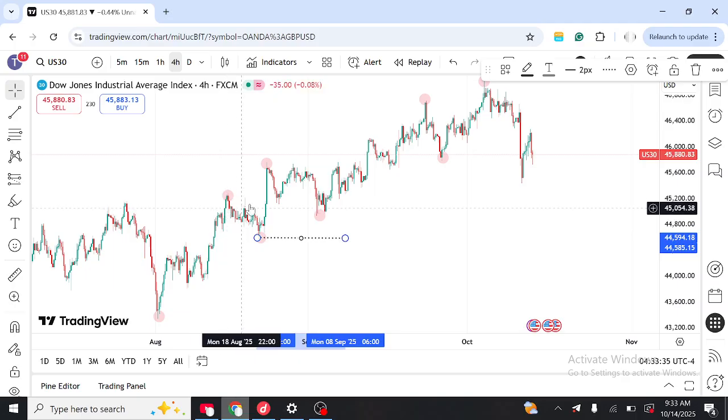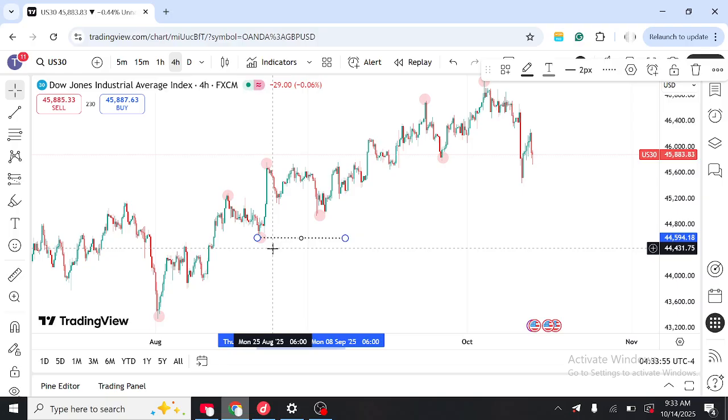If price is able to break the high on the left side, that means this low is a strong low. Because the problem that we have in trading is that you don't know the low or the high that is going to hold, that price is going to bounce from.